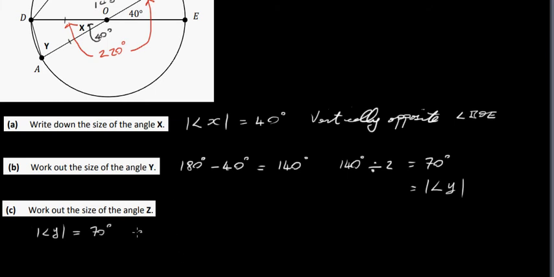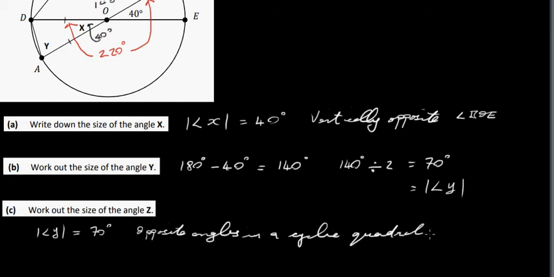We could write down opposite angles in a cyclic quadrilateral add up to 180 degrees.